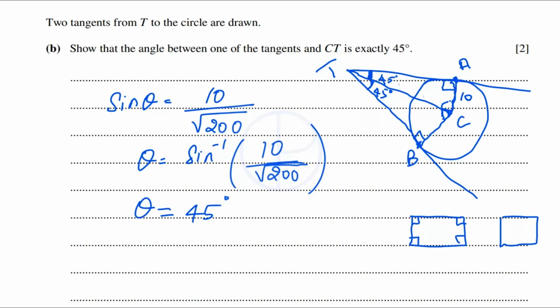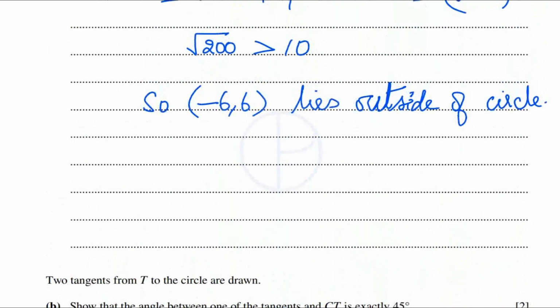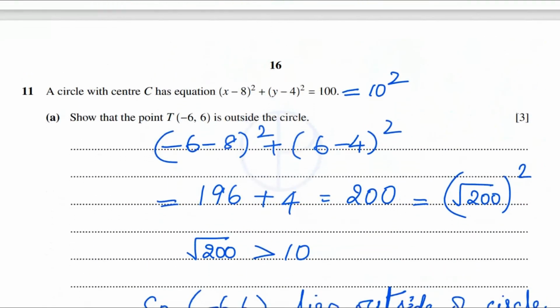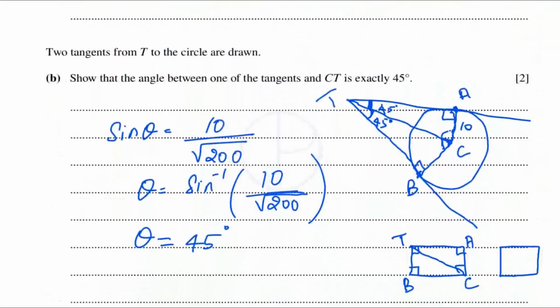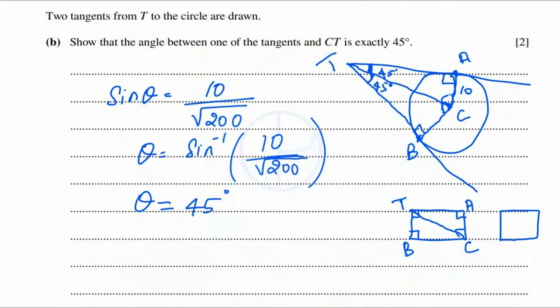Okay, so let me mark this as T, C, A and B. We know CT is square root of 200. The distance between C and T is square root of 200.